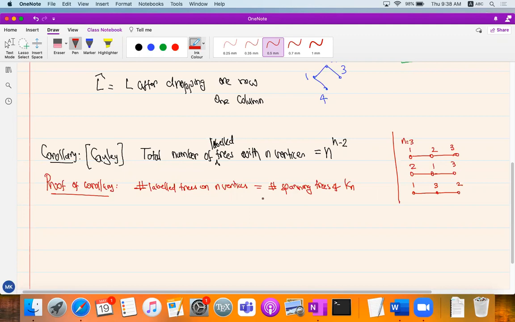So this is equal to, for the complete graph, the Laplacian is, what do we have on the diagonals? Every vertex is connected to every other vertex. So the degree of each vertex is n minus 1.